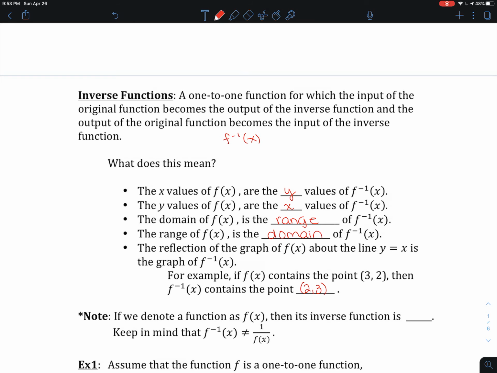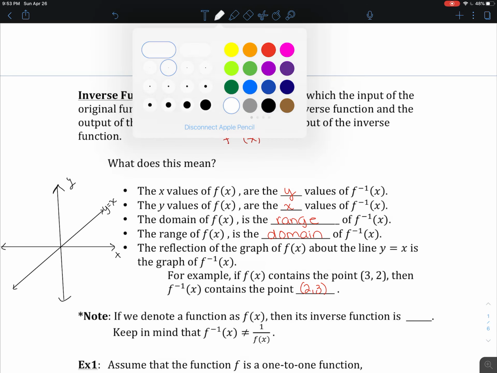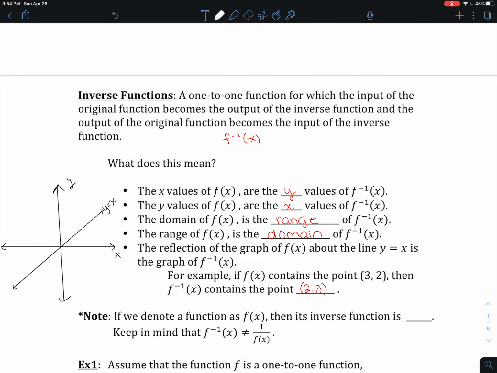I'm going to sketch a quick graph on the side so you can see what the f function and the f inverse function actually look like. I'm just going to draw the line y equals x, since we know inverse functions are symmetric about it. We'll dot that line since it's not really part of our graph.